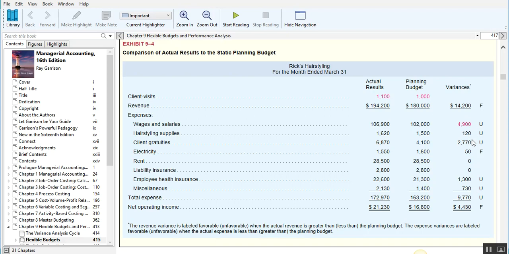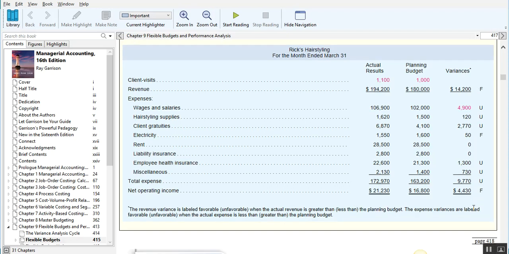Now, notice in total, we have an unfavorable result here. We have 1, 2, 3, 4, 5 expenses that are unfavorable. That means that the expenses were much higher than what we planned for, but that the favorable revenue variance more than compensates, and gives us a favorable variance of 4,430.